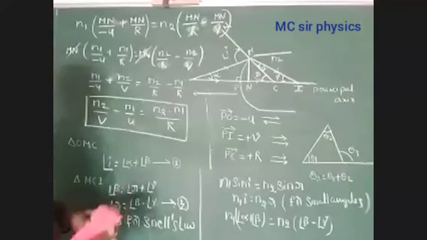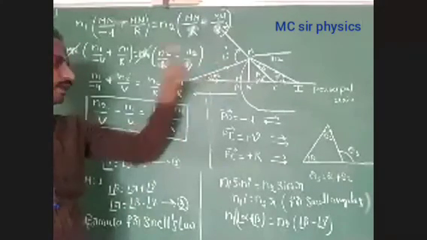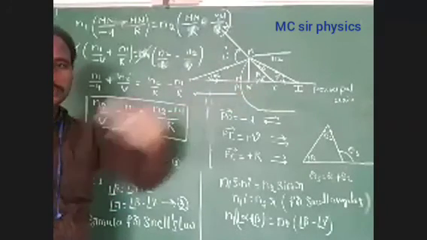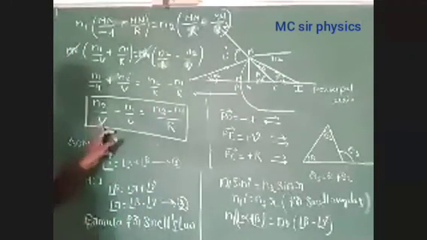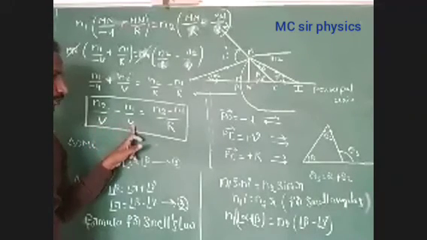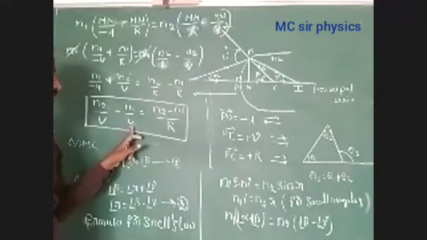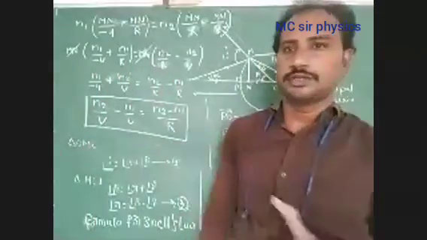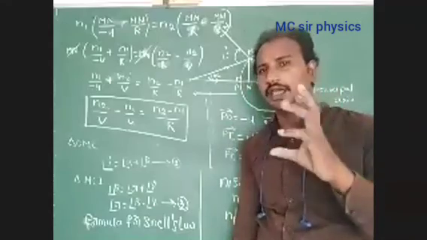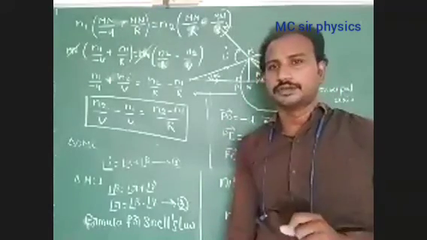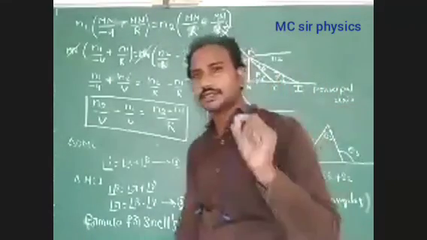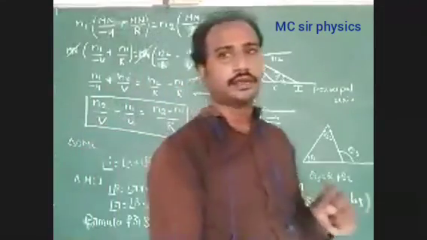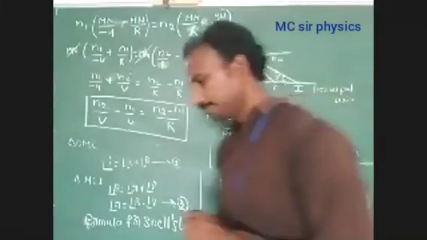So don't forget, here n1 represents the refractive index of the rarer optical medium. n2 represents the refractive index of the denser optical medium. v represents image distance, u represents object distance, R represents radius of curvature. Okay, students, it is a very lengthy derivation, so each and every point we have to discuss in detail. Note down these points.